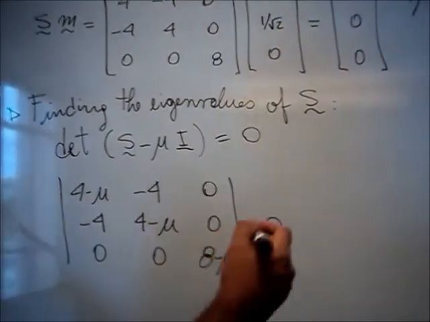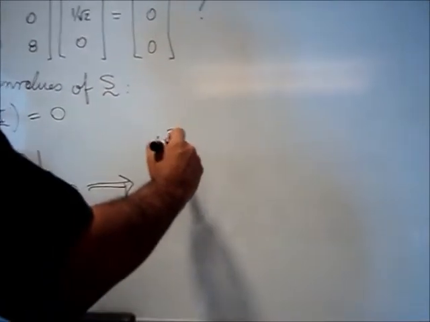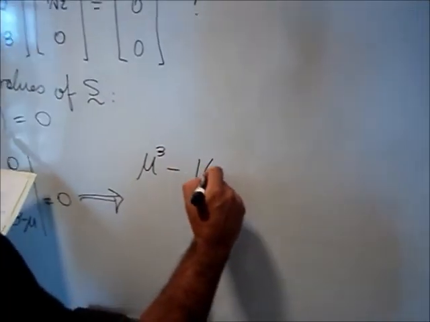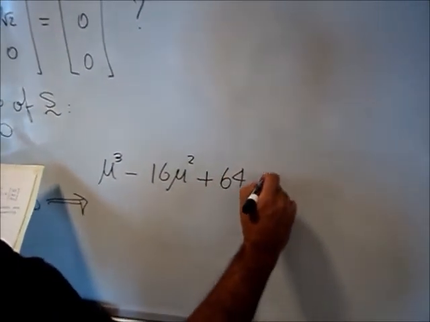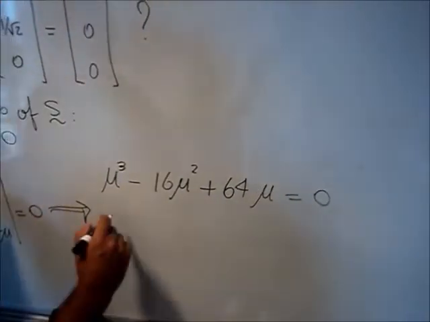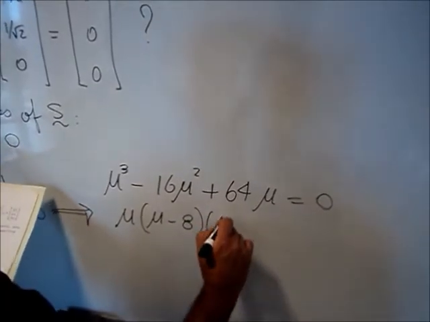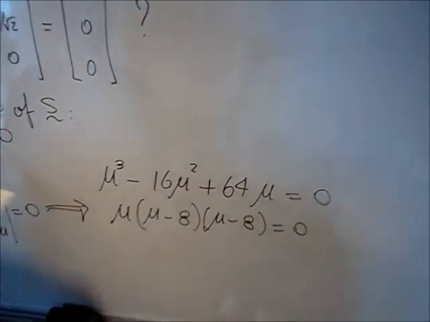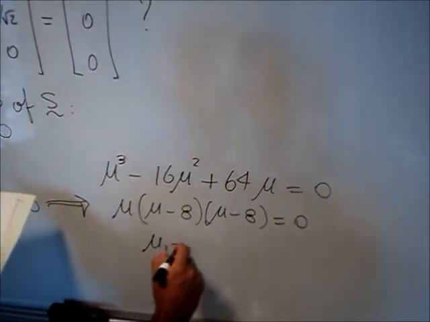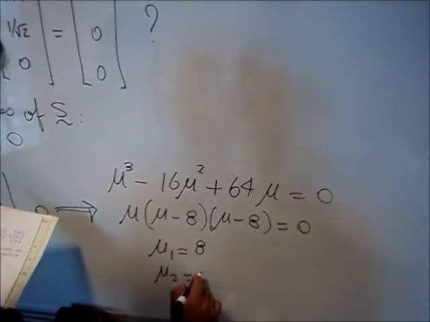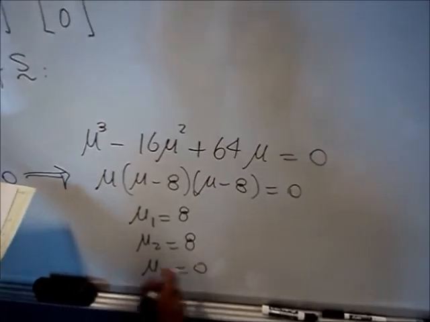Resolving this determinant, we get the following cubic equation: mu cubed minus 6 mu squared plus 6 mu equals 0. Factorizing the equation, we get this expression, which gives us the three roots of the cubic equation. We call them u1 equals a, mu2 equals a, and mu3 equals 0.